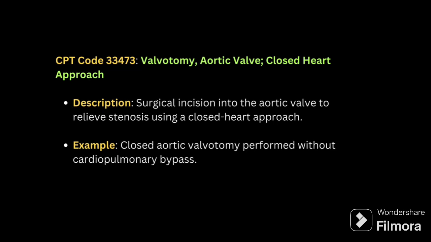Next is 33473, valvotomy aortic valve closed heart approach. For this, the description is surgical incision into the aortic valve to relieve stenosis using a closed heart approach. Example, closed aortic valvotomy performed without cardiopulmonary bypass.